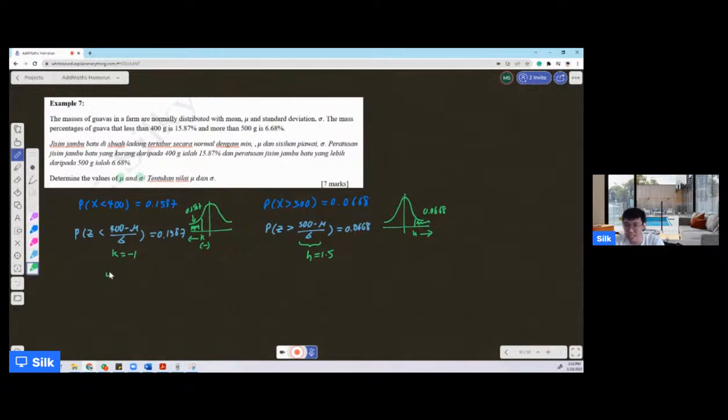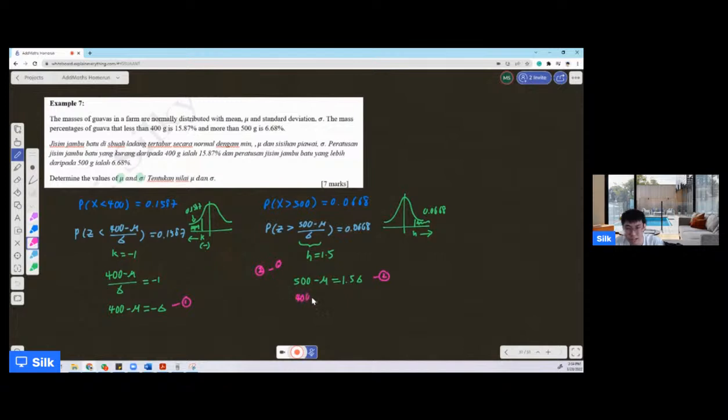So it's okay. I just put in (400 minus mean) over standard deviation equal to -1. So 400 minus mean equals negative standard deviation. This part I do the same: 500 minus mean equals 1.5 standard deviation. I do the simultaneous equations, number 1, number 2. I use number 2 minus number 1.